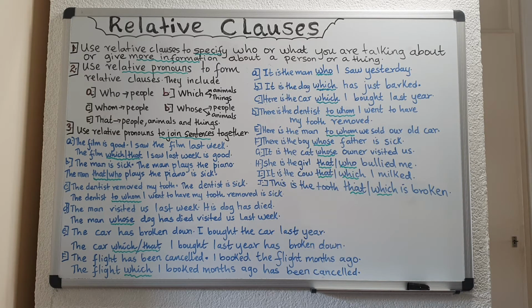Now, look at the examples on the right. A. It is the man who I saw yesterday. B. It is the dog which has just barked. C. Here is the car which I bought last year.